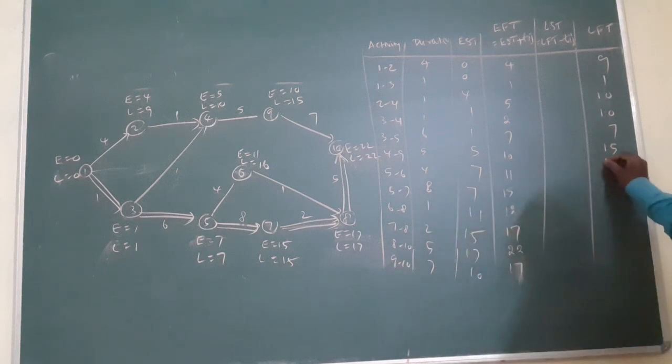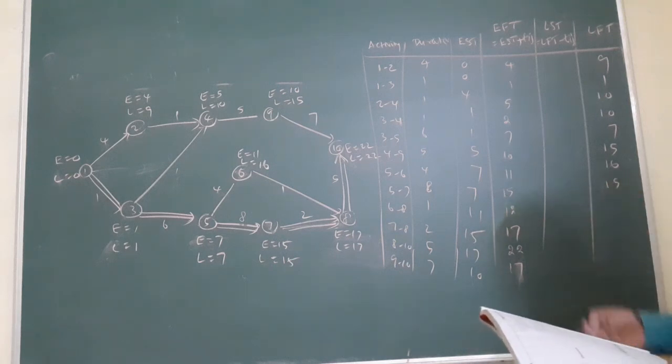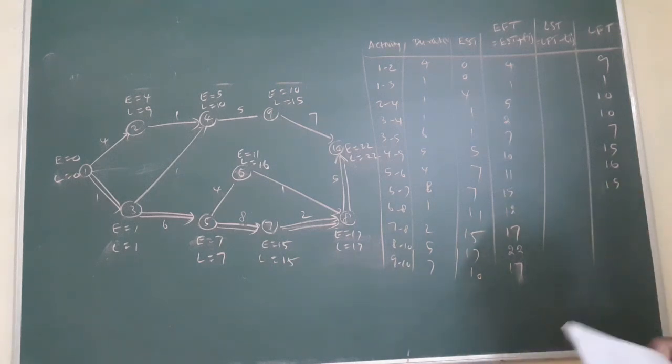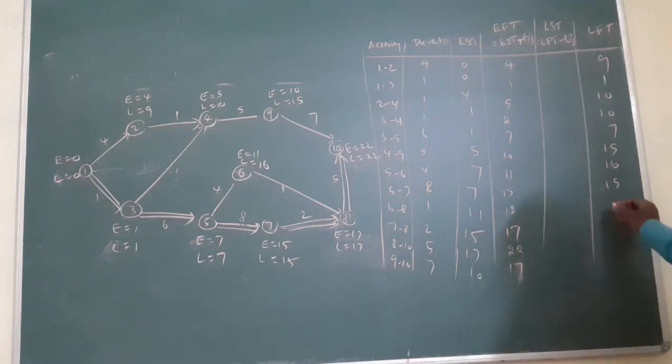L is 16. 5 to 7, 15. Next number is what? 6 to 8, L is 17. 7 to 8, 17. 8 to 10, 22. 9 to 10, 22. Am I right?